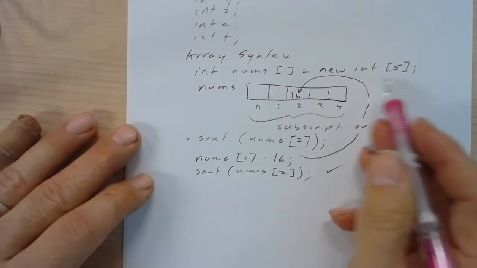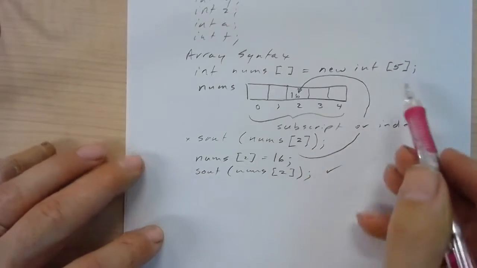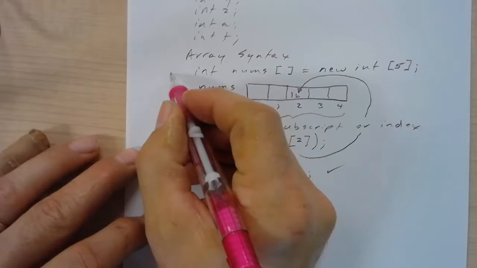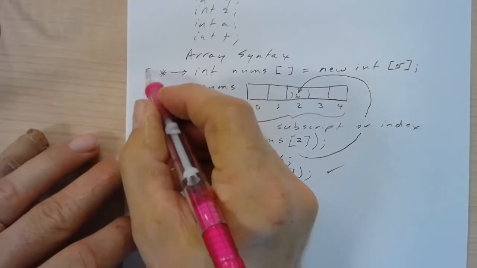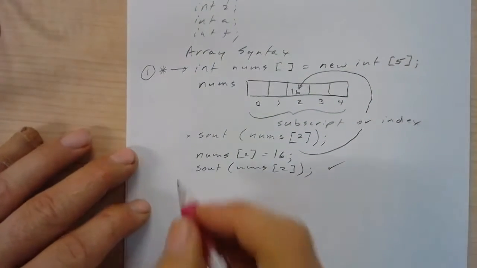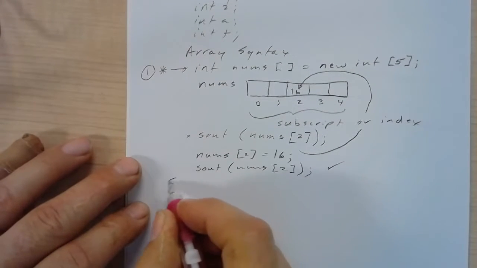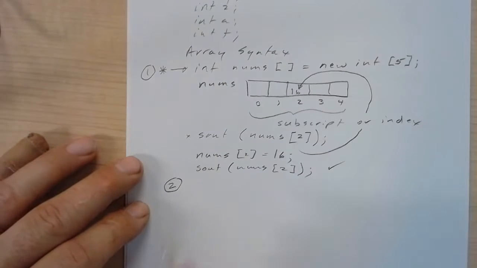The other thing that's nice is we can define the initial values. So this is one method for definition, definition method number 1. Definition method number 2, if you know what the values are, you can do it this way.